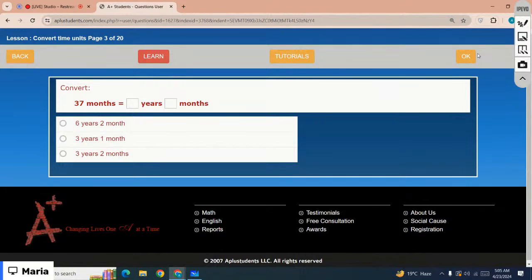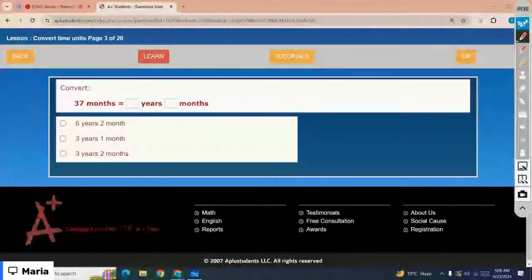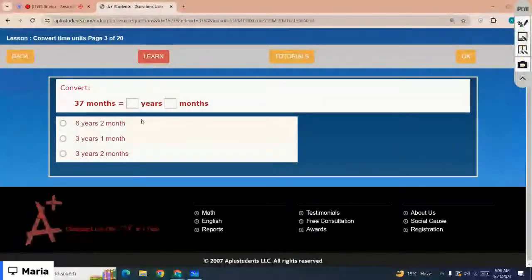In 1 year, you have 12 months, right? So you need to divide 37 months by 12. So 12 times 3 is 36. That is 3 years and 1 month.